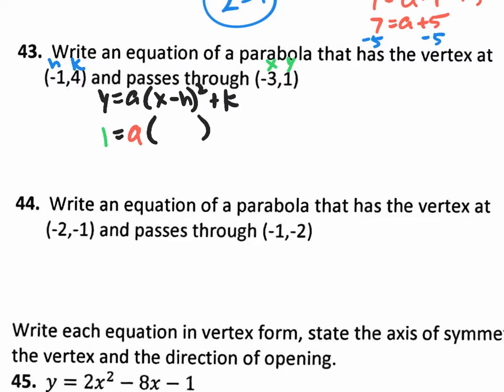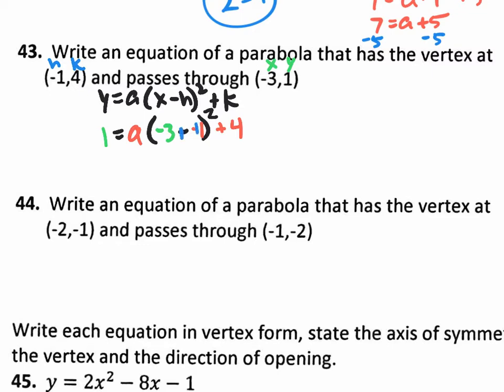Open up some parentheses. The x value is negative 3 minus h. The h value is negative 1. And the k value is 4. And let's not forget about the square on the outside of the parenthesis. So now let's just do this math and solve for a. A minus minus changes to a plus plus.